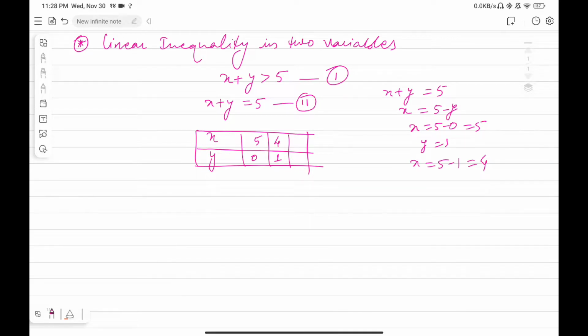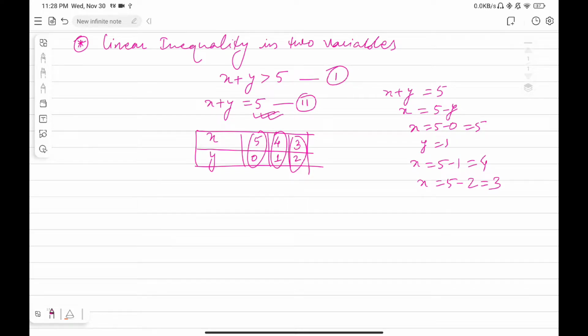We can put y equals 2, so x is 5 minus 2 equals 3. So now we have 3 points: (5, 0), (4, 1) and (3, 2). 5 plus 0 is 5, 4 plus 1 is 5, and 3 plus 2 is also 5. So all these points are on the line represented by x plus y equals 5.